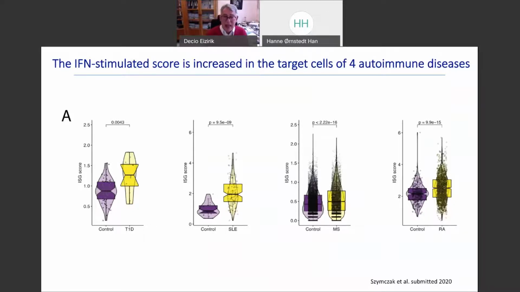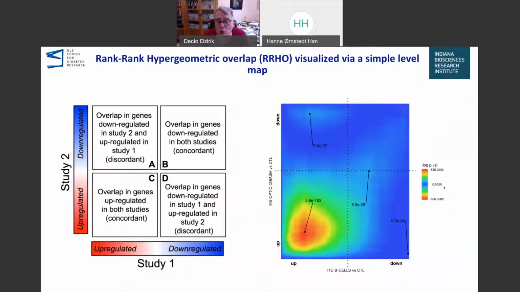We then went on to compare diseases, and we used this tool, rank-rank hypergeometric overlap. And in this type of tool, you are not using a cutoff. You just rank, let's say, genes, compare type 1 against control. And in multiple sclerosis, we compare optic chiasm of patients with multiple sclerosis against controls.